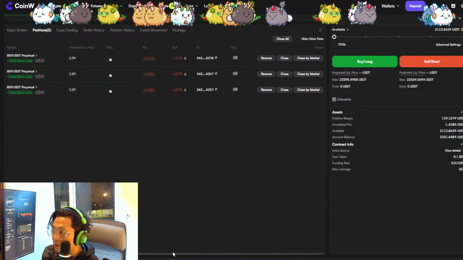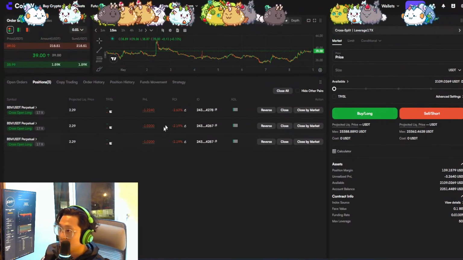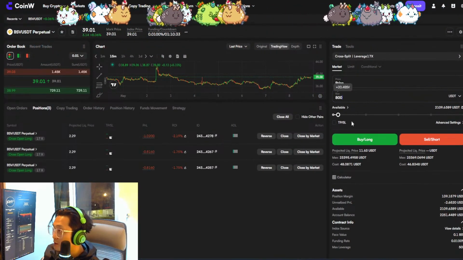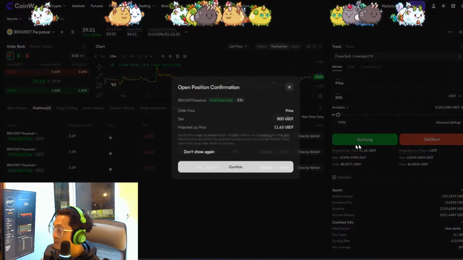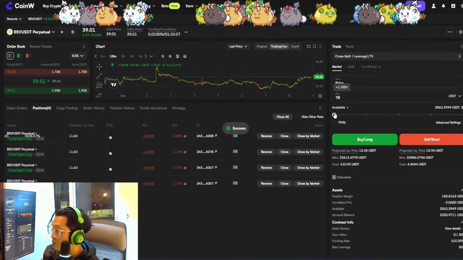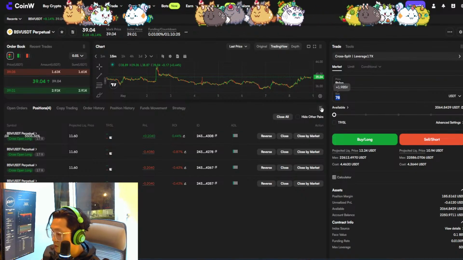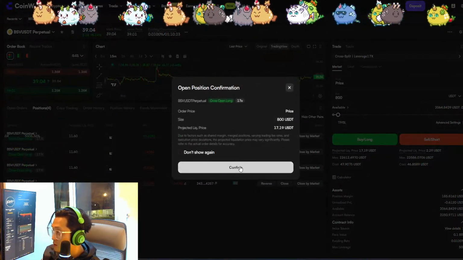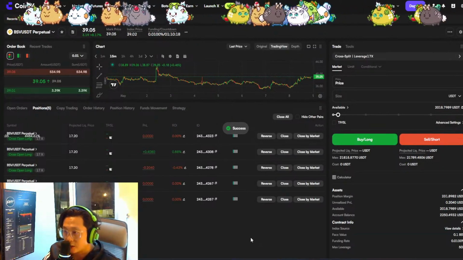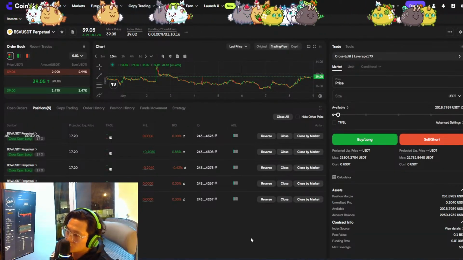This is the beauty of CoinW. We can split 3 and 3. The price went down, so I'm going to add one more, two more, I think. I'm going to add one more. Voila. We call this the DCA system, dollar cost averaging.